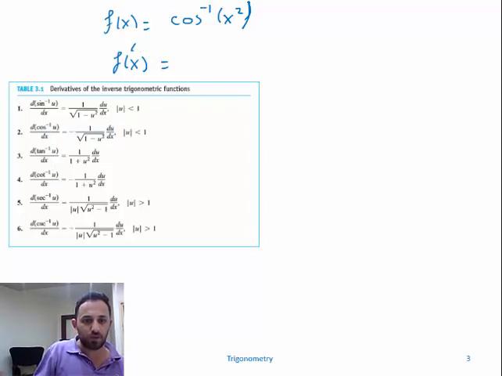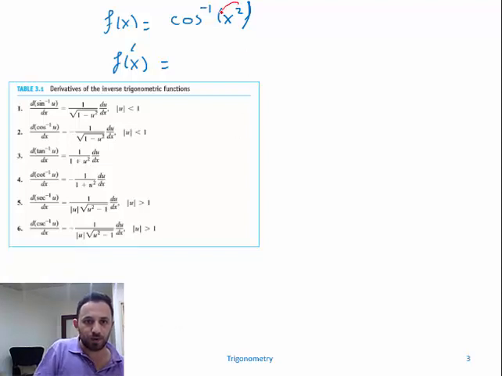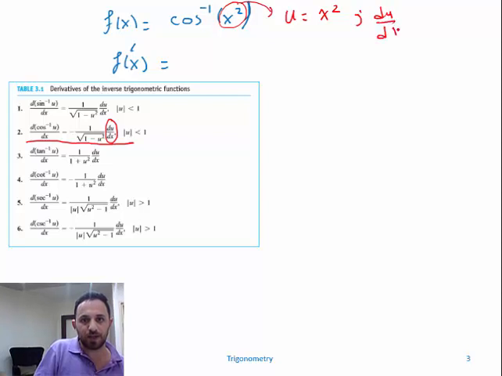You need to find u. This is u, so u equal x squared. From the equation we see that we need du by dx, so I can obtain du by dx as 2x. The derivative of x squared is 2x. Now I can apply the equation.